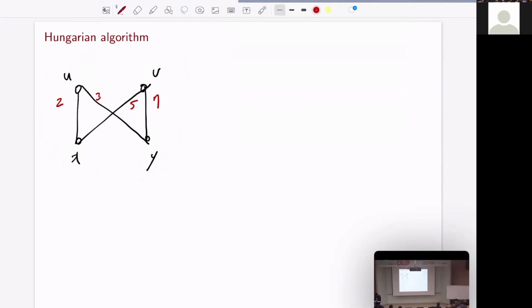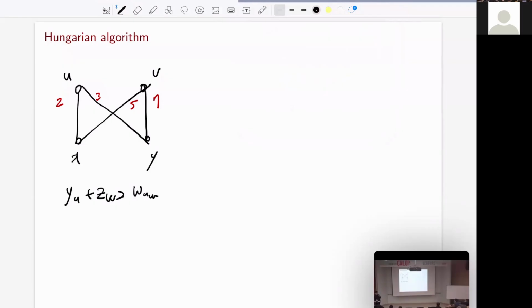So we need to construct a feasible solution to the dual. We need to have yu plus zv at least the w, just to avoid confusion. For any edge uw, I want this yu, zv assignment to satisfy the inequalities.